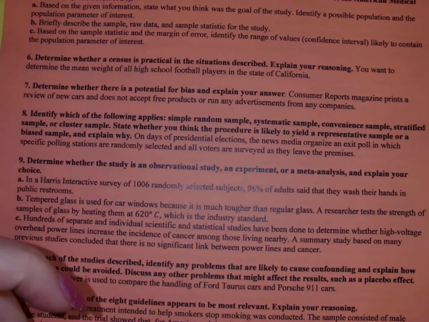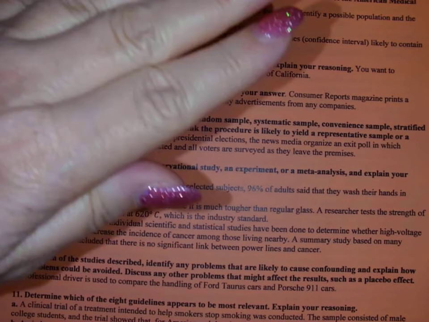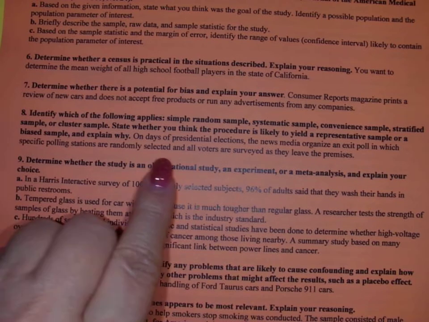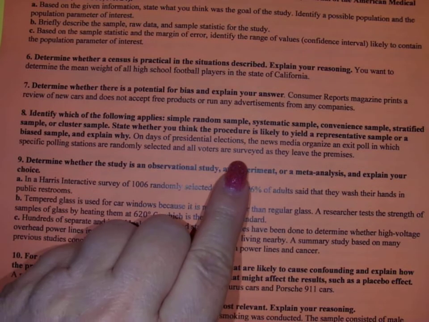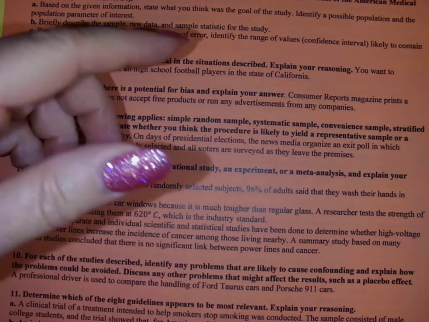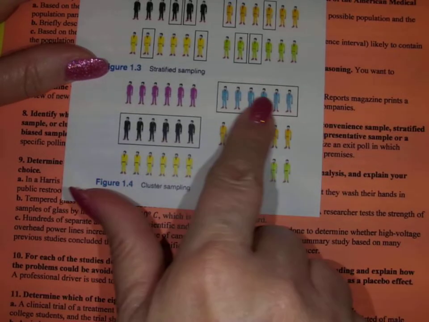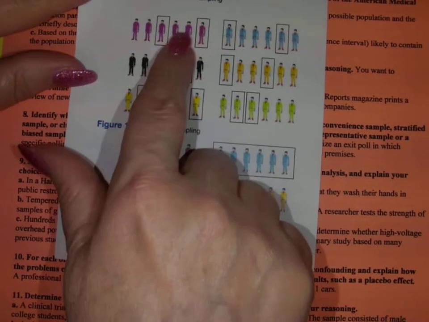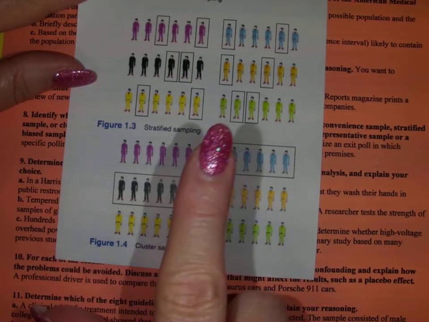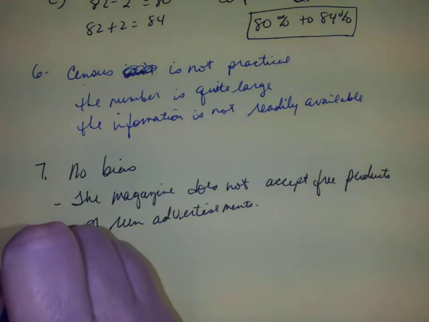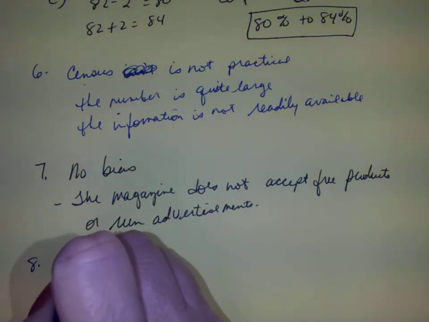They go, okay, we've got this polling station, this polling station, this polling station. And then all the voters are surveyed, right? So that means we're making groups and we're collecting from all of them. Not a few, but all of them. So that means this is a cluster sample, because they're selecting all of the voters that leave. So cluster sample.